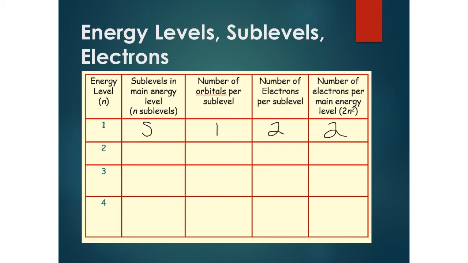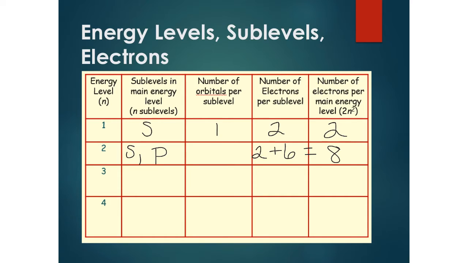In the second energy level, we have both the S and P sublevels, with two electrons in the S sublevel and 6 in the P sublevel to give us a total of our 8 electrons that we know can be held in the second energy level.